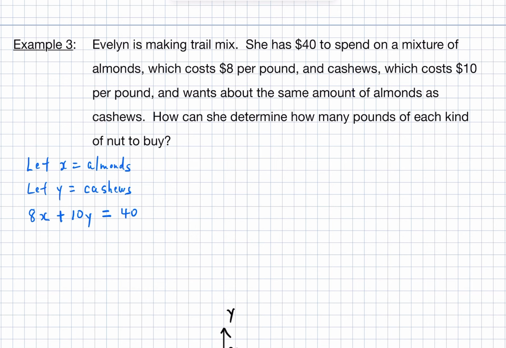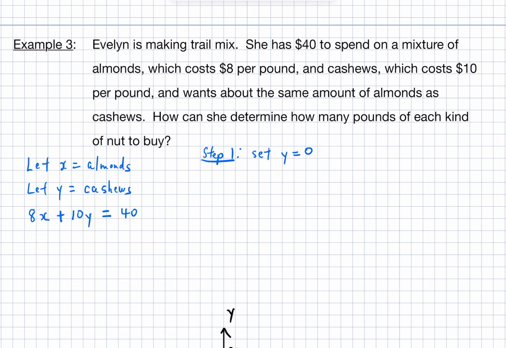Okay? So the next step is to find the intercepts. And so we're going to set each of the variables x and y equal to 0. So let's go ahead and start with step 1. Step 1, we're going to set, let's say set y equal to 0.